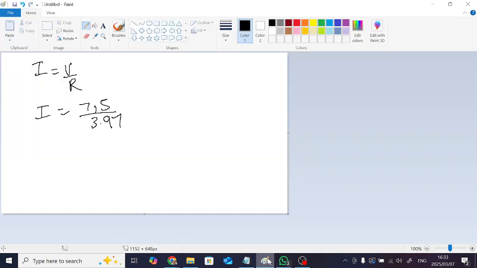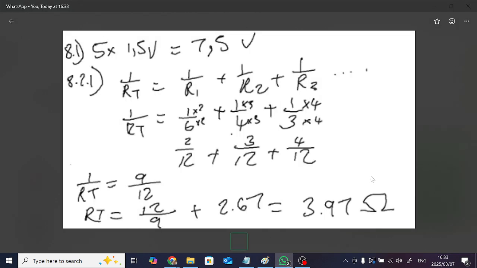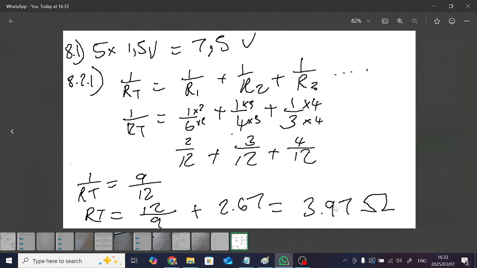So like we said, we can see that the total voltage is 7,5 and the total resistance is 3,97.